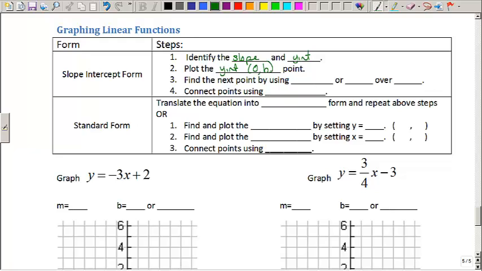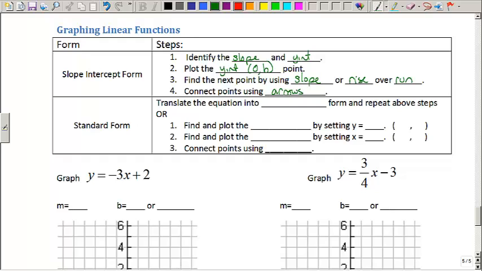And you can find another point by using your slope. Or I want you to think rise over the run. Don't forget to connect your points using arrows. This graphing should be similar to the other graphing we did earlier when you were given a point and a slope. In this case, the point is just more specifically the y-intercept point.